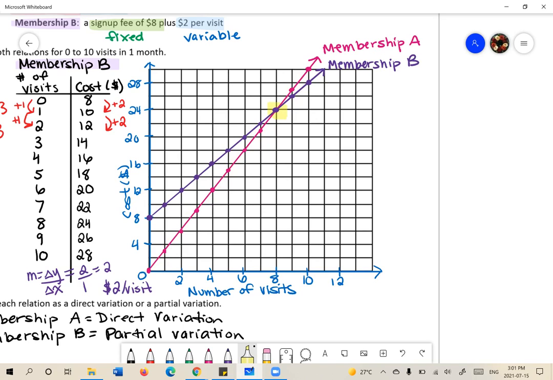At 8 visits, both linear relations intersect, which means that they both share that point. At 8 visits, they cost exactly the same amount, $24. After 8 visits, membership B is actually cheaper than membership A. I know this because membership B's line is underneath membership A's.